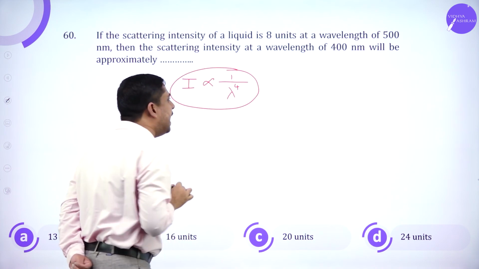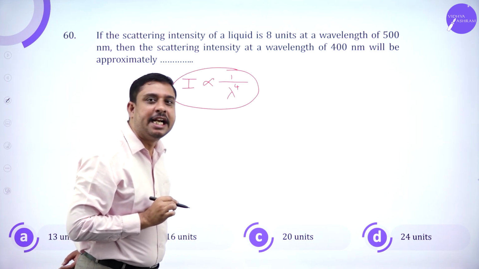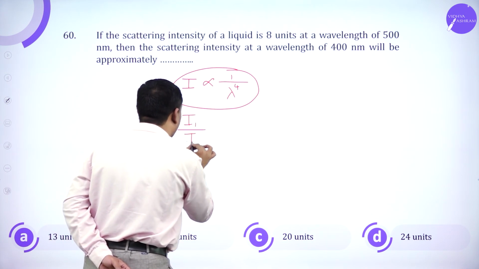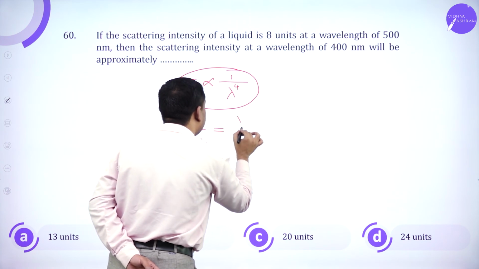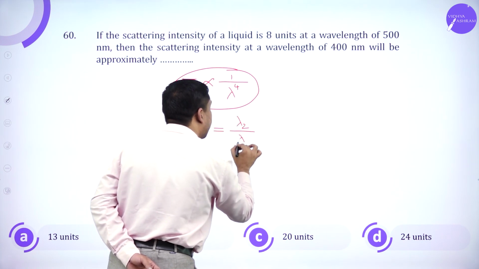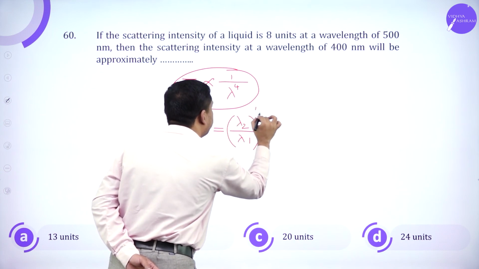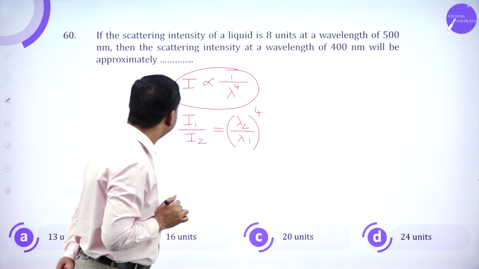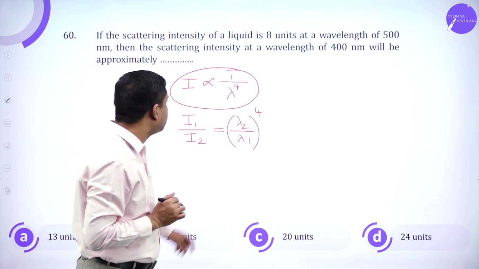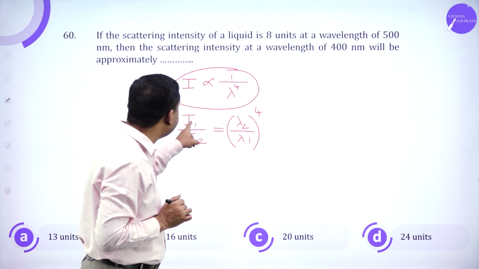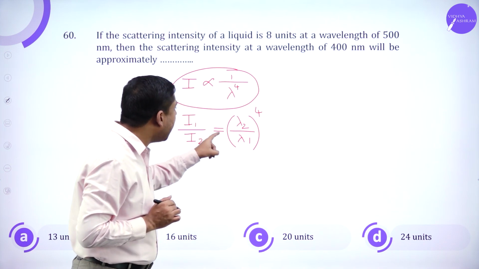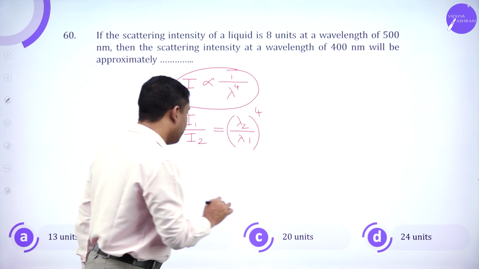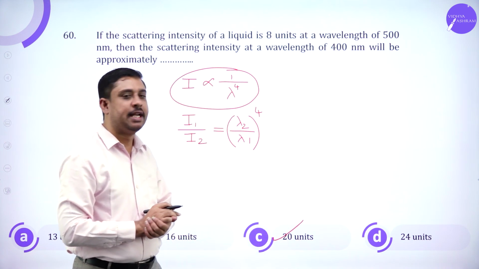This is how intensity is related to wavelength. Or I1 by I2 equals lambda 2 by lambda 1 to the power 4. When you work out, the intensity I1 is given, wavelengths are given, simplify, the answer will be 20 units.